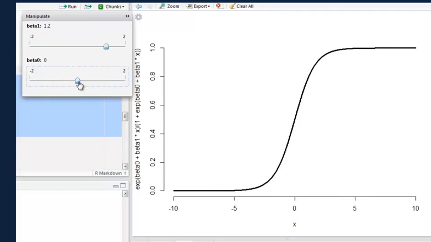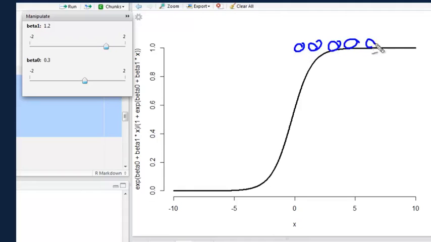Now, the way to think about what's going on here is that for different values of x, we have y's that are 0 or potentially 1. So this is the ideal case, where you had a bunch of zeros for x's at this value, and then it went up to 1 at this value. If you had to fit a logistic curve, it would look something like that.